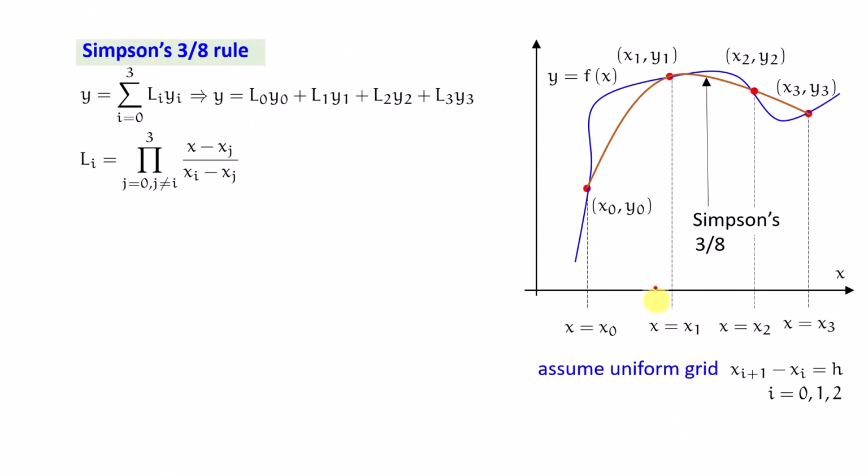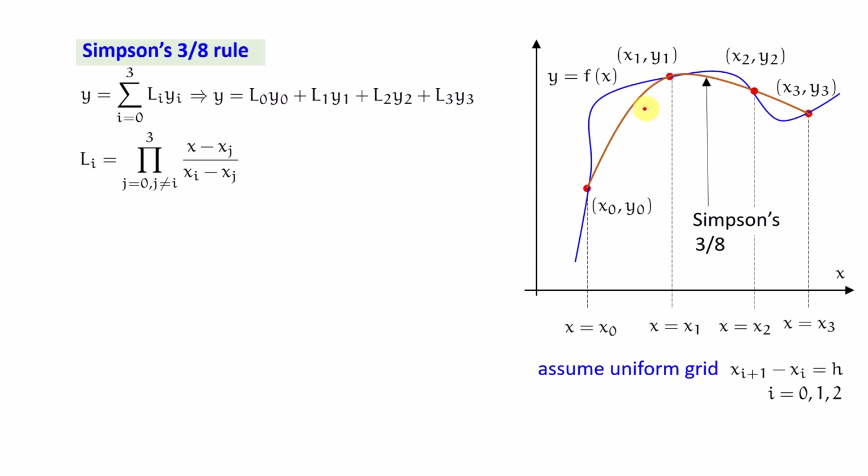So in the 3/8 rule, what we do is that unlike Simpson's 1/3, where we were fitting a polynomial through 3 points, here we are fitting a polynomial through 4 points. So you can see that in the 3/8 rule, the red polynomial is going through x0, y0, x1, y1, x2, y2, and x3, y3.